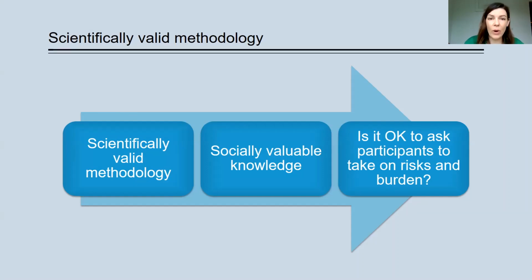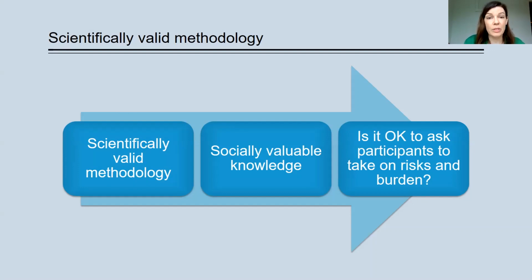And whether the study will in fact generate socially valuable knowledge depends on the scientific integrity and the validity of the methodology that you're employing. And this brings us to inclusion and exclusion criteria. Inclusion and exclusion criteria serve one purpose, which is to reduce noise in the study. So they allow the researchers to hone in and identify critical features that are impacting the outcome.